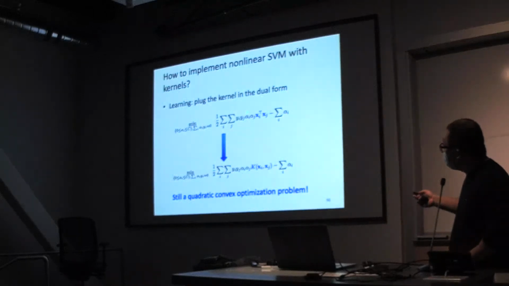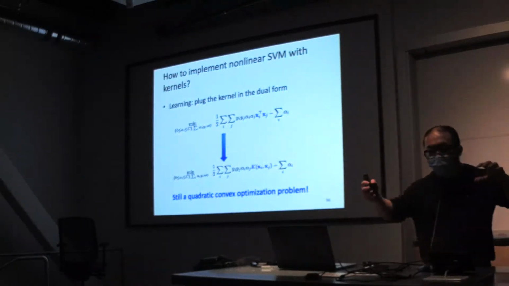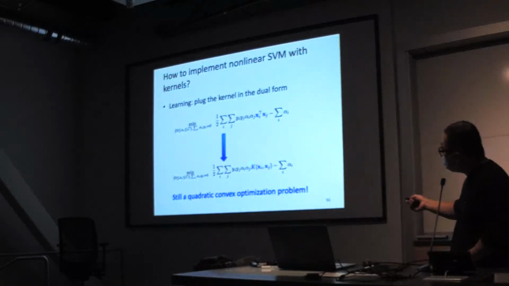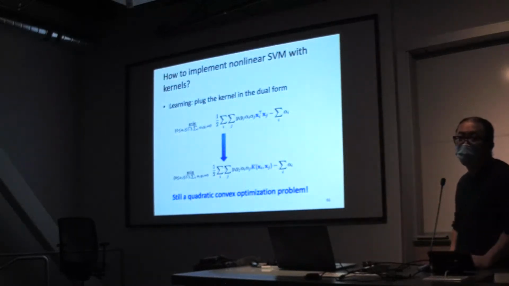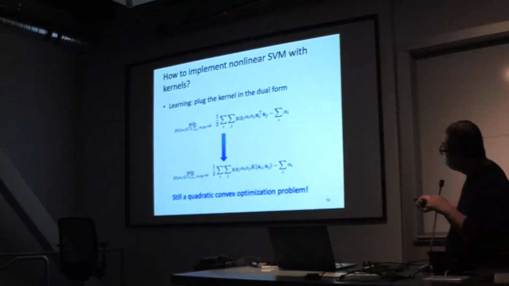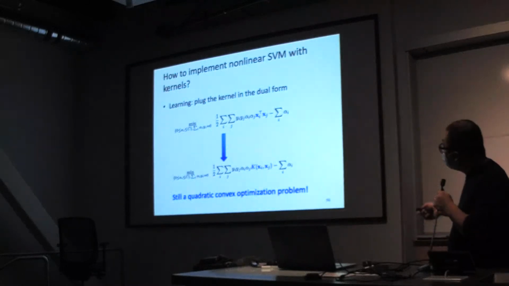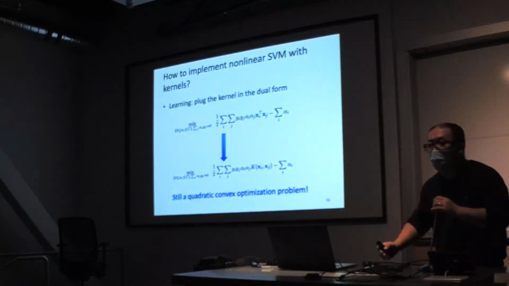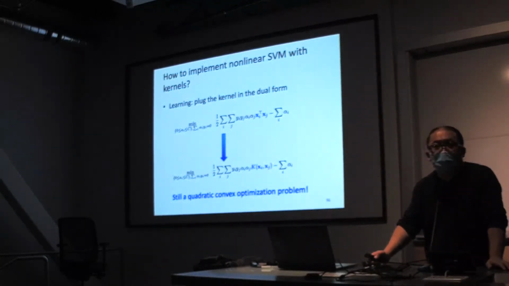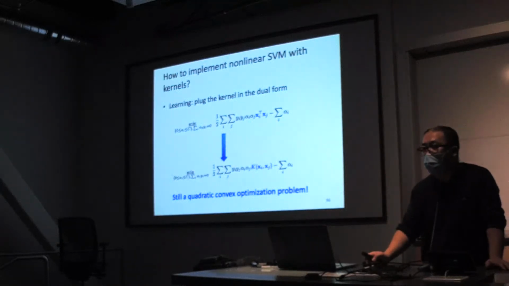We just replace the inner product between mapped feature vectors by a kernel function. So you can see there's just a tiny change of the objective function. We replace the inner product in the original feature space by the kernel function. Then you are performing nonlinear SVM learning in some high-dimensional feature space.